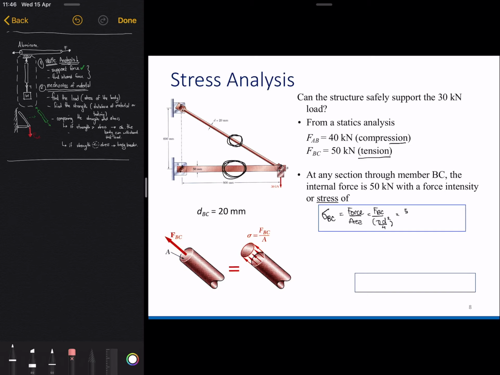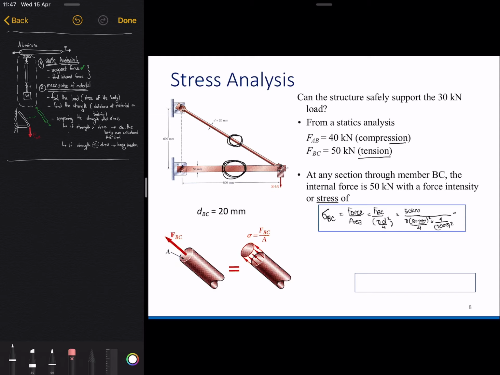You have 50 kilonewtons, and the diameter is 20 millimeters, squared, times pi over 4. Then you also have to change millimeters to meters, so you multiply by 1 over 1000 squared.